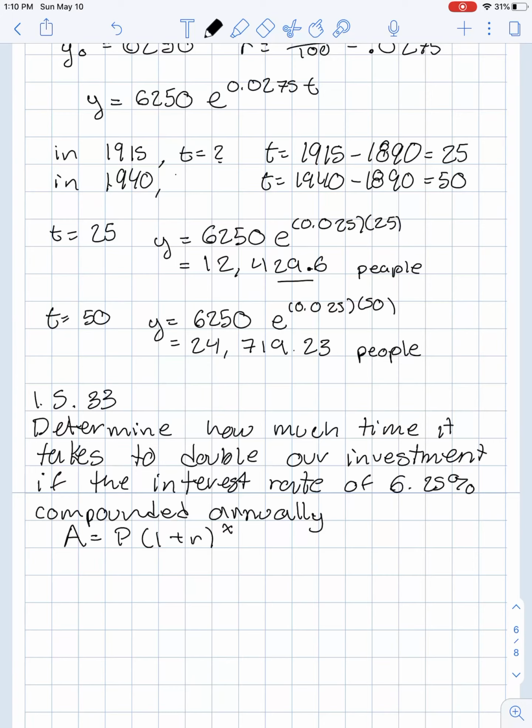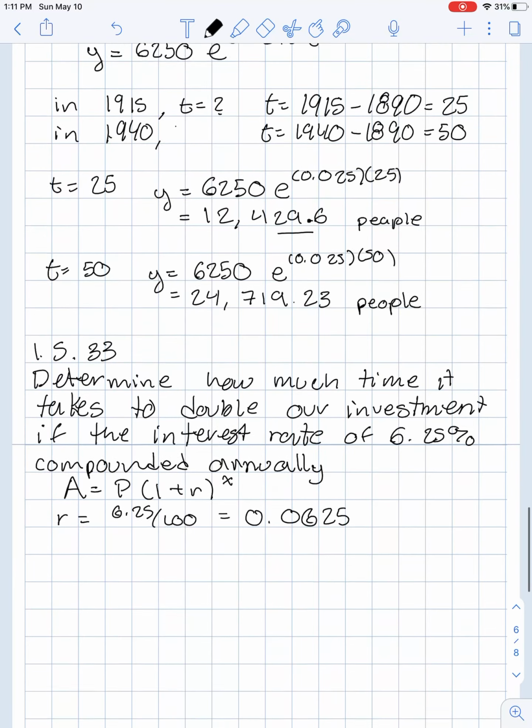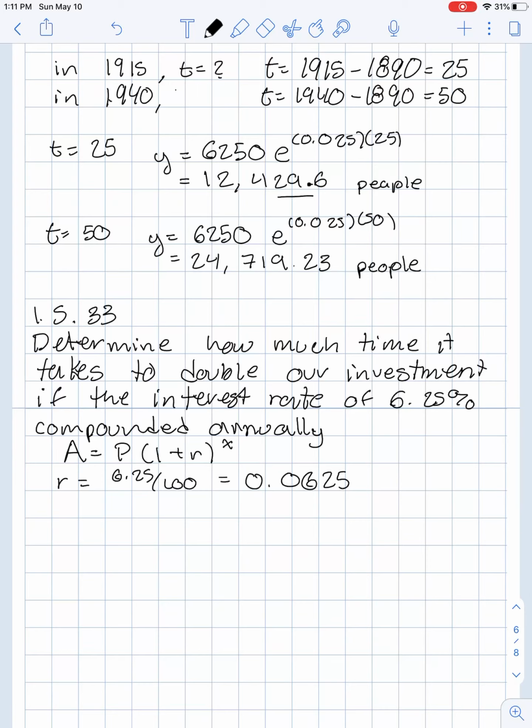Let's keep with x. All right, so P, we don't know. Well, I do know r. So I know r is 6.25%. So I'm dividing by that 100 so that I can get a decimal. Well, I actually don't need to know what P is because I want to know how long it takes to double our investment.